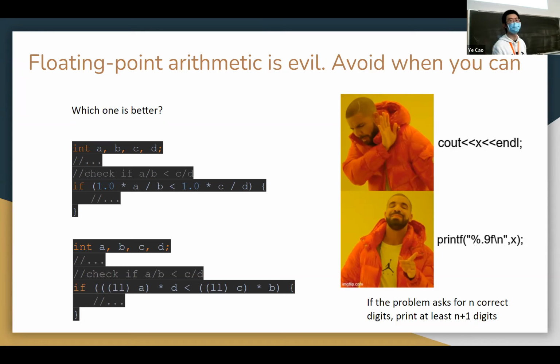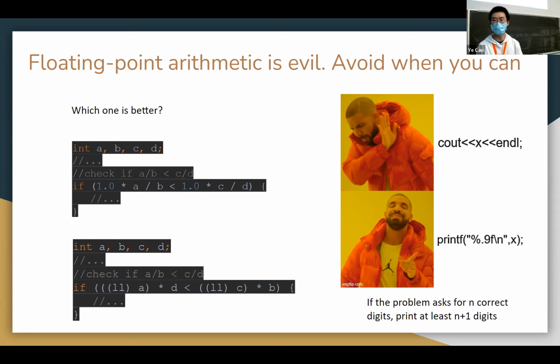So whenever you can avoid floating point arithmetic, avoid it. And in upper level competitions, the judges will specifically design test cases intended to make the first approach get WA. They are going to give very carefully engineered input data that is intended to make the first piece of code fail. So have that in mind.